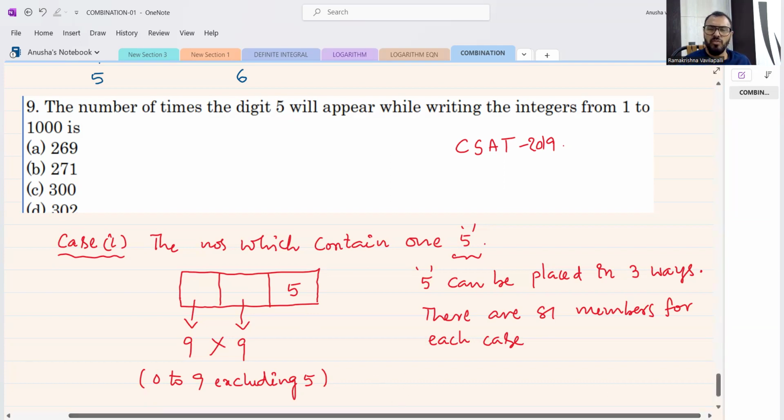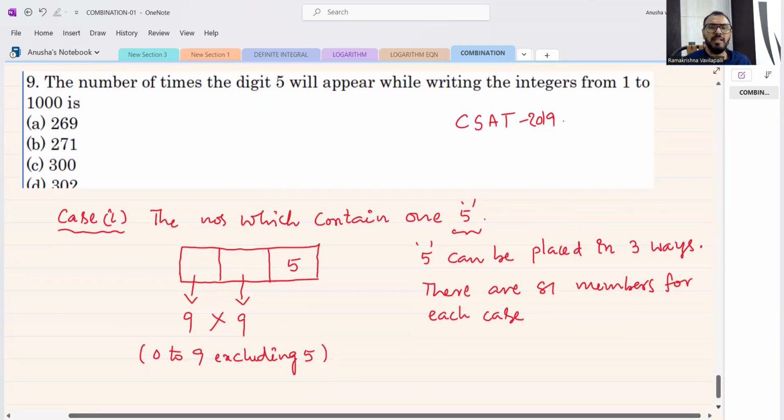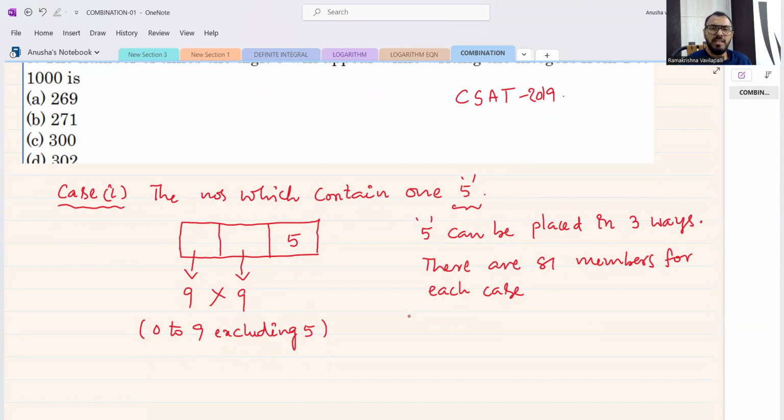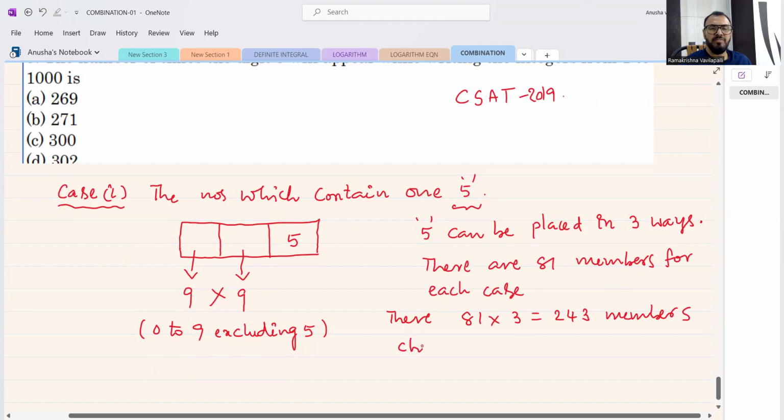Therefore, the number of numbers which contain only one 5 is 81 into 3, that's equal to 243 numbers which contain single 5.